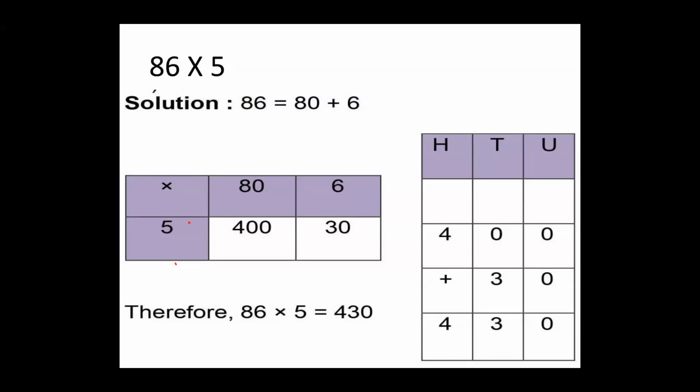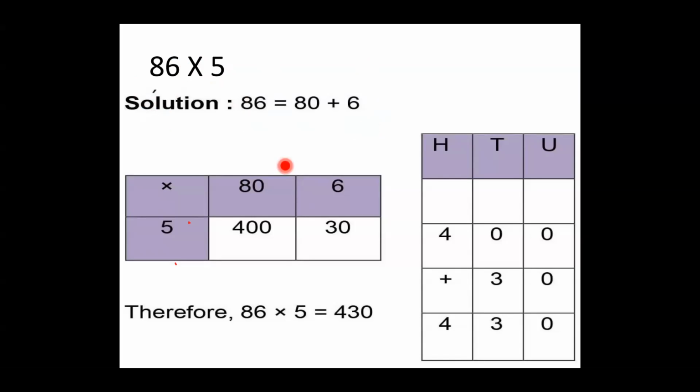Now, 86 multiplied by 5, what will we be doing? We will be writing the expanded form of 86. Now, what is the expanded form of 86? 80 plus 6, multiplied by 5. So, 5's expanded form will be 5 itself.